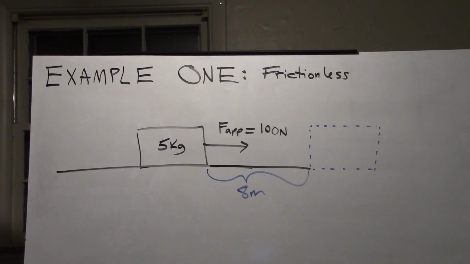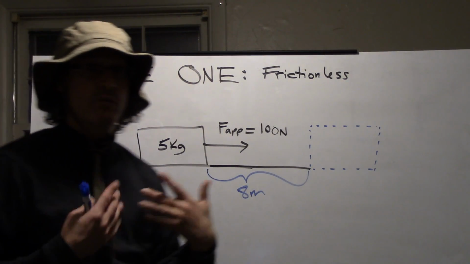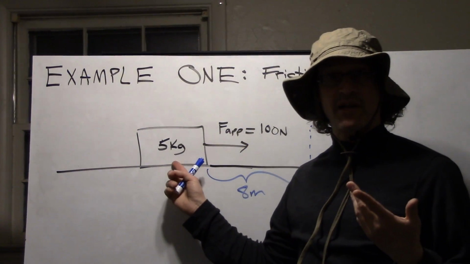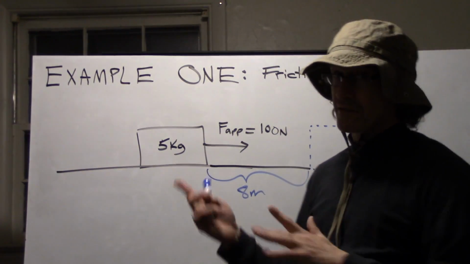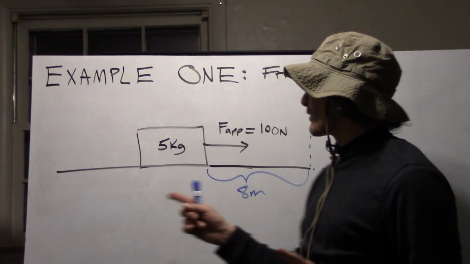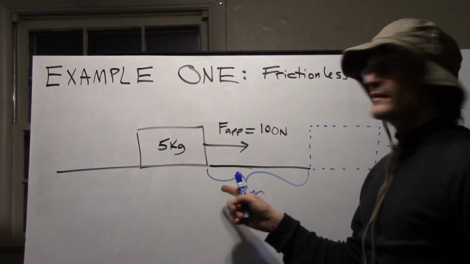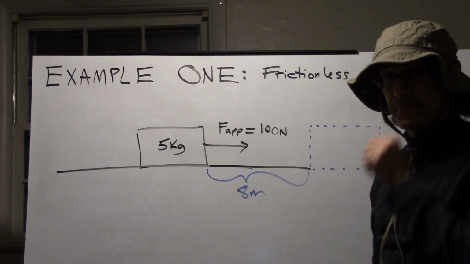Example 1, frictionless, no friction. So here's our situation. We have a force applied acting on an object, a 5 kilogram crate of some sort. Could be kittens, I don't know. We saw them before, so why not? They may be inside. It's going to be displaced 8 meters, so it shall move 8 meters to the right.